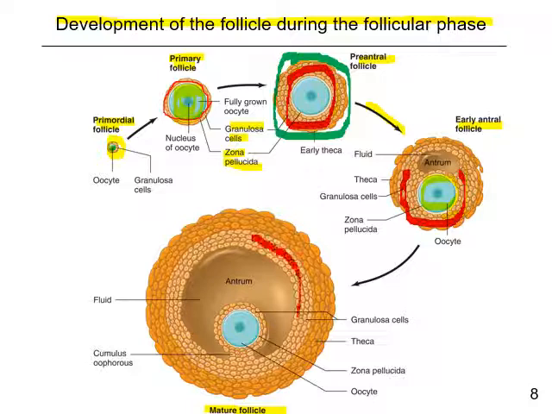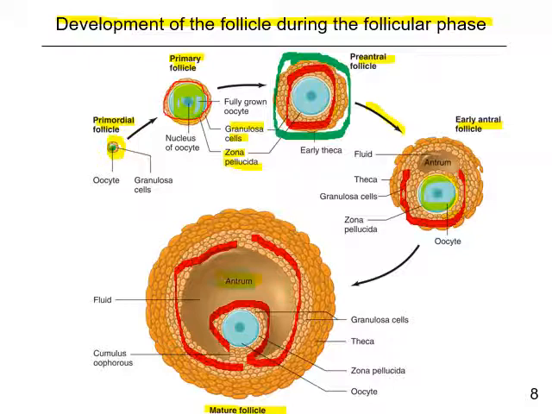The granulosa cells proliferate. They continue to surround the oocyte, but they develop into this structure that surrounds a fluid-filled antrum. The antrum of the follicle is a fluid-filled compartment rich in estrogen.